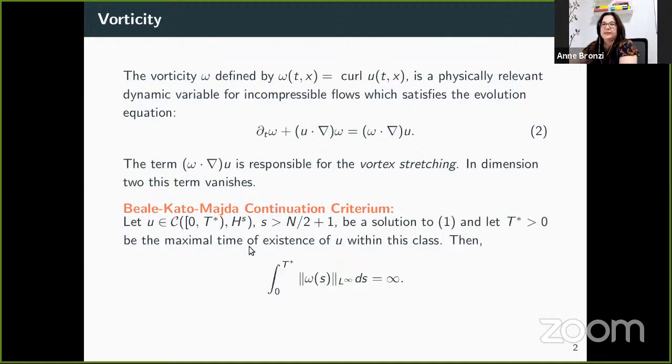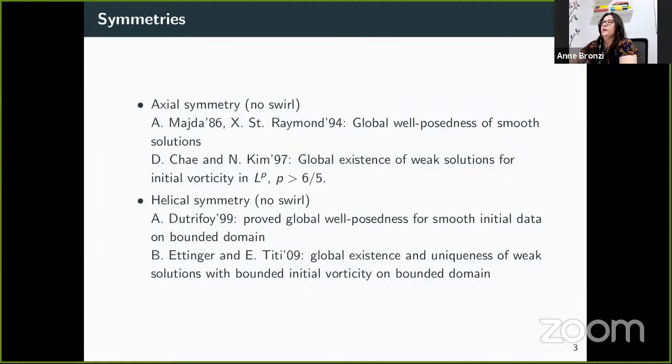So the time of existence depends on the control of the integral of the L infinity norm of the vorticity. This is why the vorticity plays an important role.